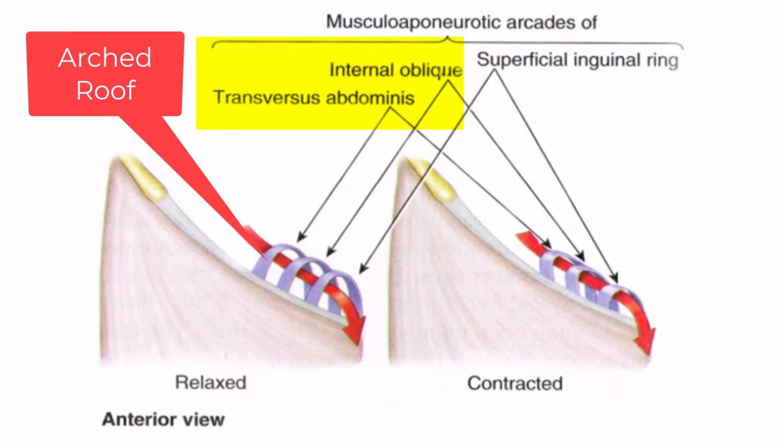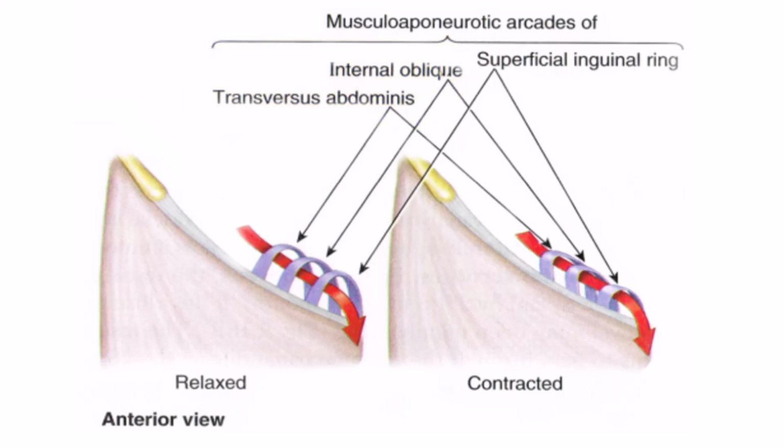As these muscles contract, that arched dome flattens out, instead of being arched. It's exactly like dropping down a heavy metal security shutter. So the pressure is tightly against the floor. The floor, we know, is the inguinal ligament. So it completely closes off the space inside the canal, so nothing can enter.